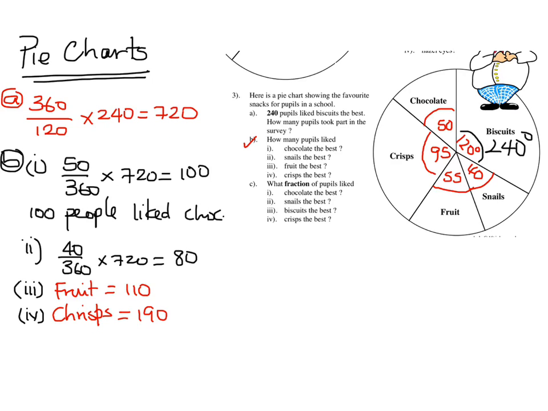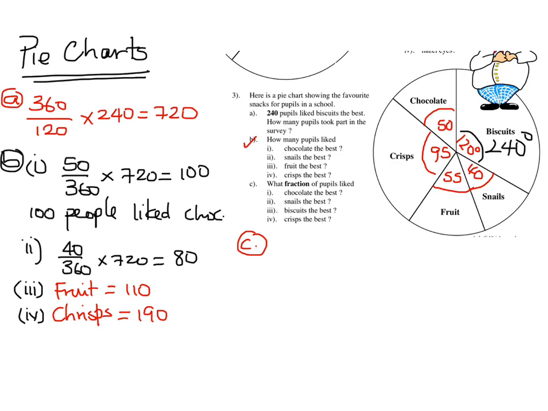All right, let's move quickly on to the next section, section C of the question. So they want to know what fraction of the pupils like certain things best. So what fraction like chocolate the best? This now is quite easy because I know that the chocolate people worked out to be 100.